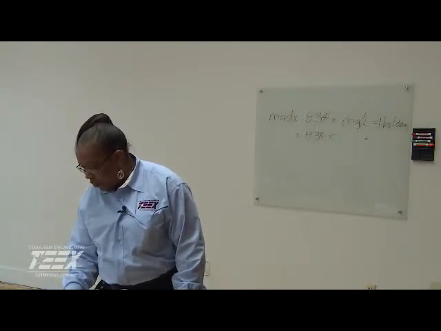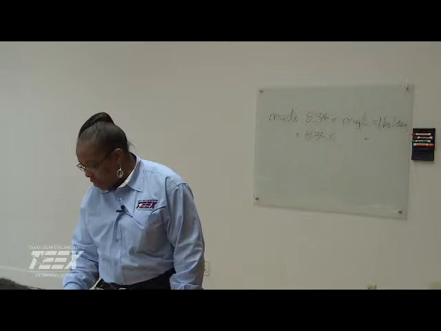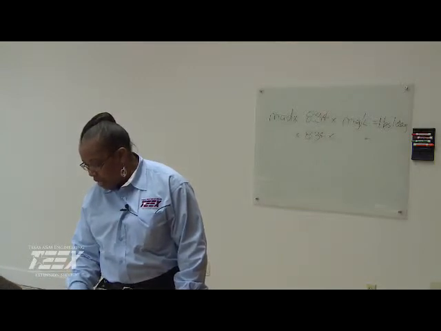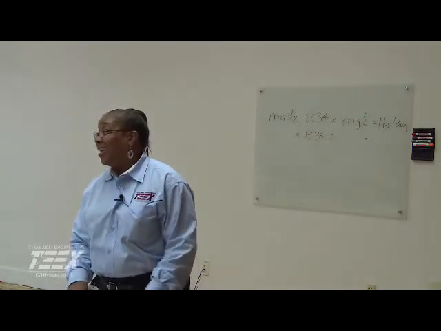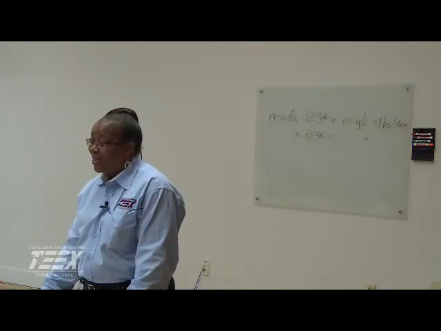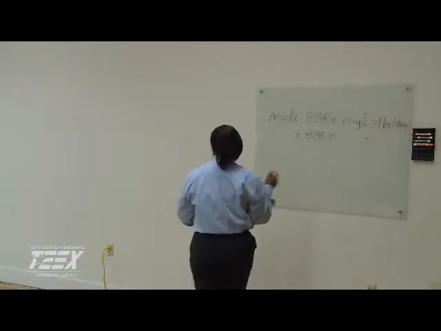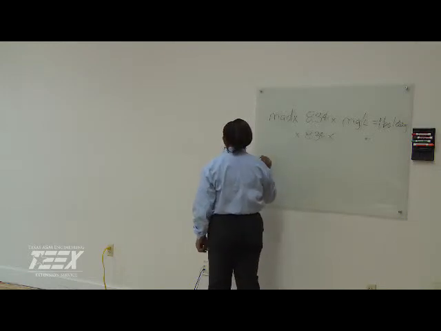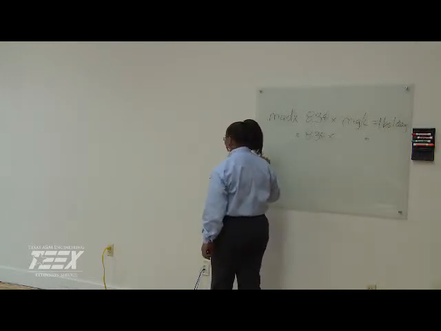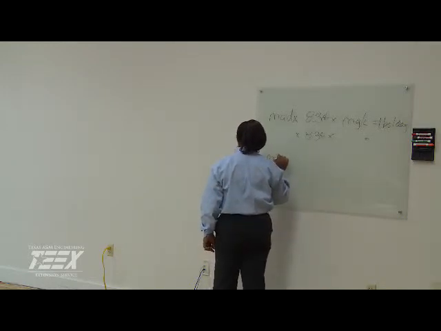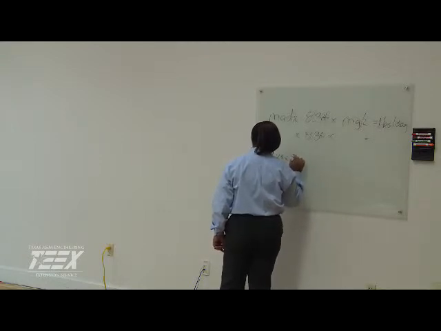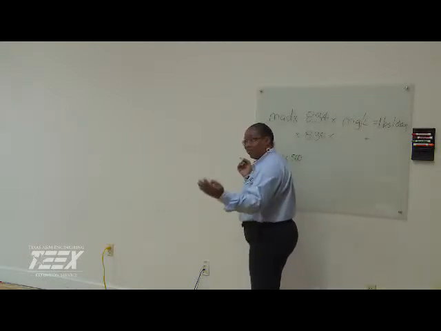All right, number 8. How many pounds of fluorosilicic acid are used daily at a dose of 1 milligram per liter if a well produces 500 gallons per minute? What do I do? Convert it to gallons per day. Super. So, 60 minutes times 24 hours times 500 gallons, or 500 gallons a minute times 1,440 minutes in a day.